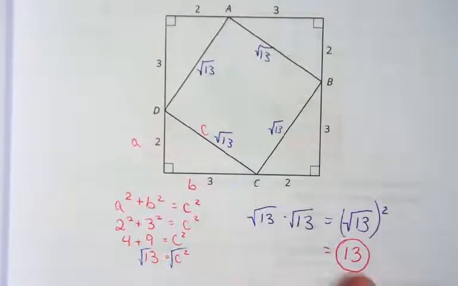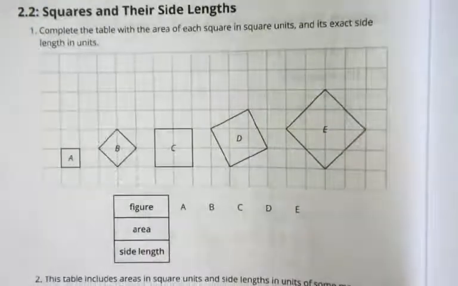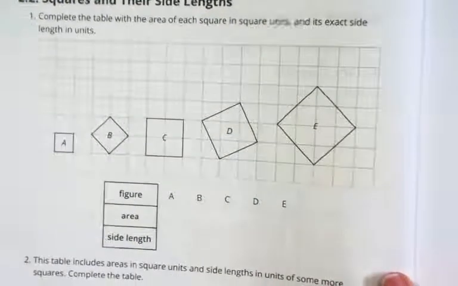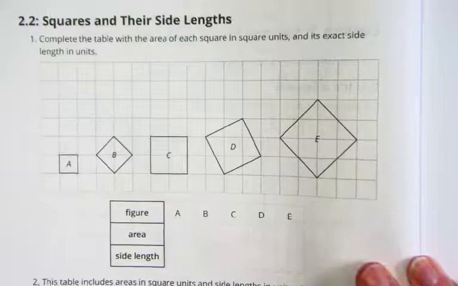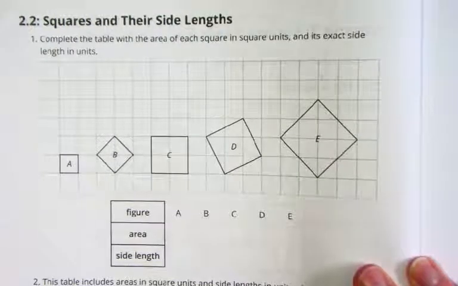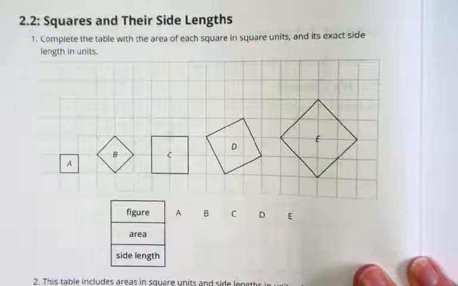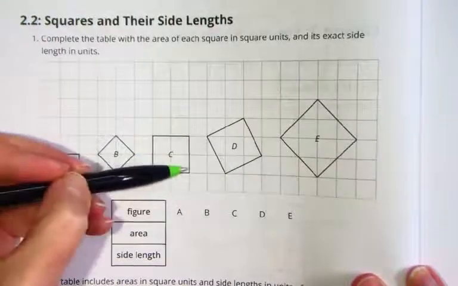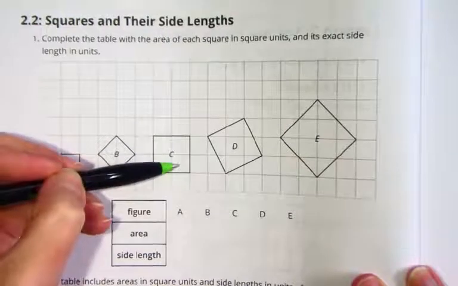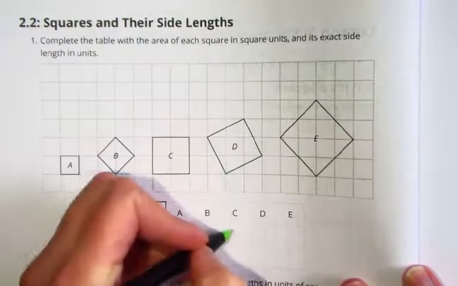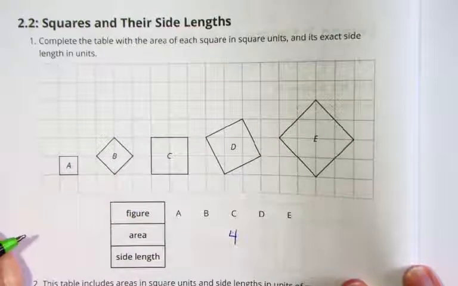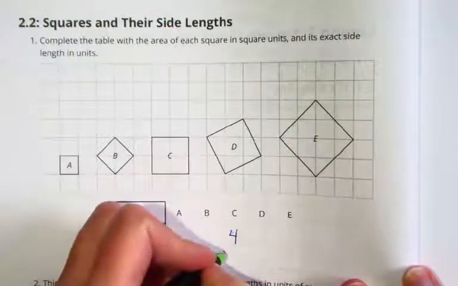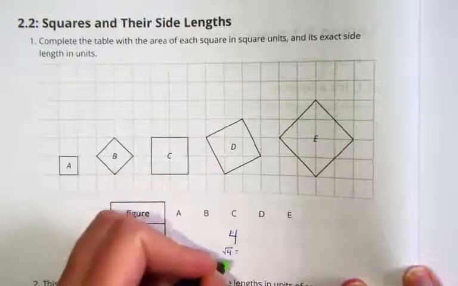Now we're using this idea because on the next page it's going to ask us all kinds of squares and their side lengths. And remember how these things are working. In fact, this is the exact definition of a square root. That if we know the area of a square, in this case square C has 1, 2, 3, 4, an area of 4 squares, the side length would have to be the square root of 4, which means 2.